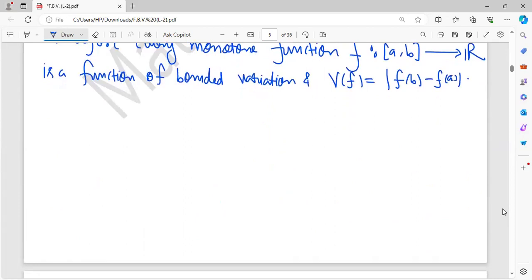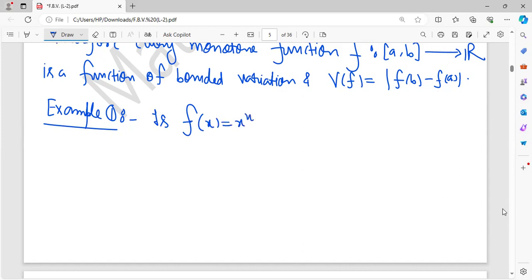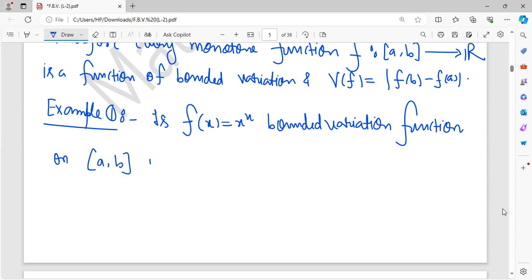Now the corollary. I am asking this question: is f(x) equal to x to the power n a function of bounded variation on AB, where A and B belong to the real numbers and A is less than B?